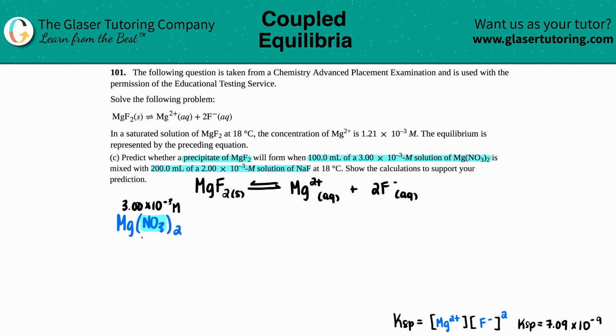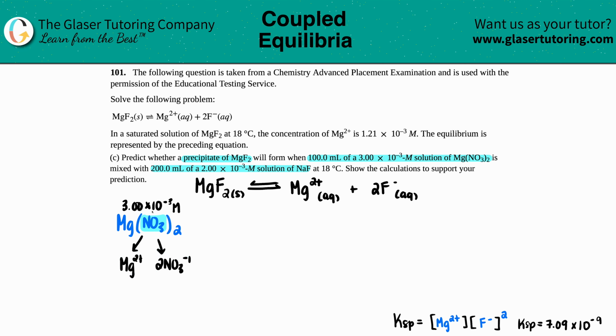And the two ions, if we do break this down, I have one Mg, right? And Mg is in group 2, that's a 2+. And I have two nitrates, so two NO3 minus 1s, right? Nitrate is always a -1 charge. The thing is, which ion do I care about?